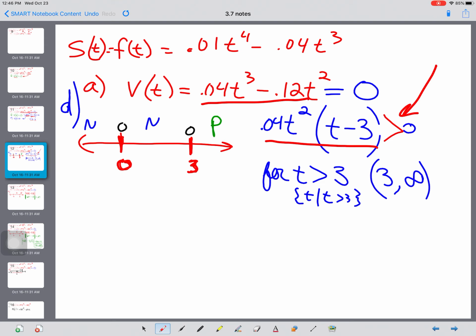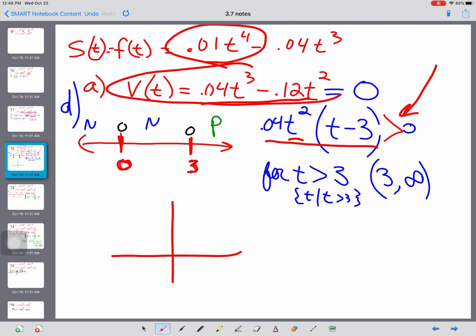I got the two places where it's equal to 0, and I can just find that by testing some points. Now, if you remember some things from last year, this graph right here is a cubic, and cubics tend to do something like this.